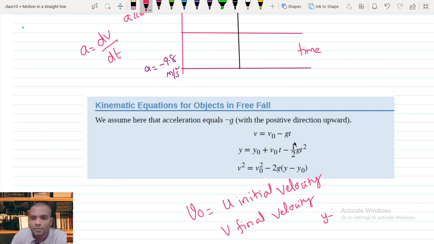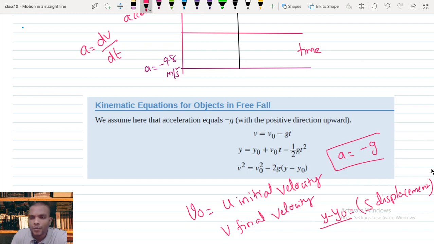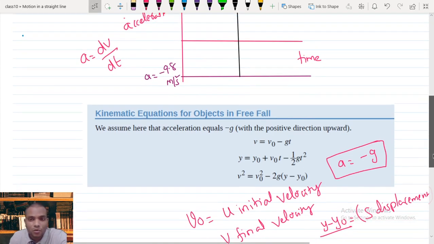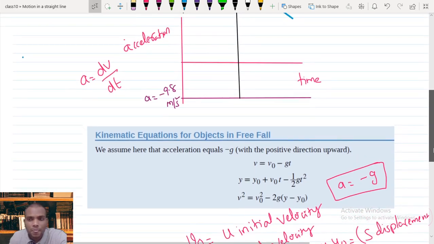And y minus y naught equals displacement s. And acceleration of gravity a equals negative g. This is the main change during free fall. This is a key point you need to remember.